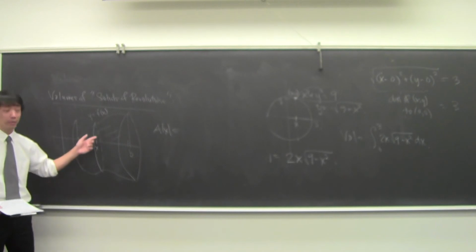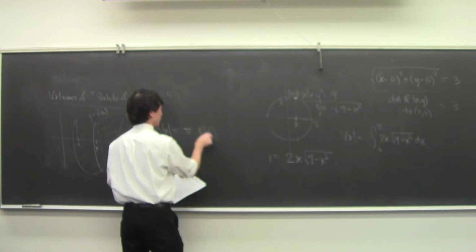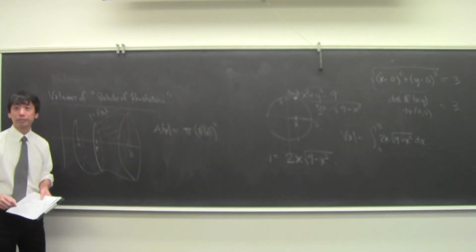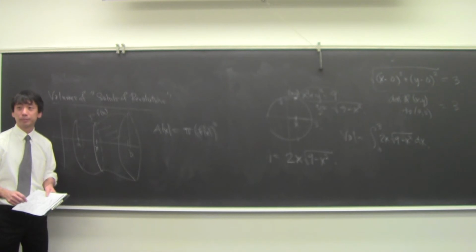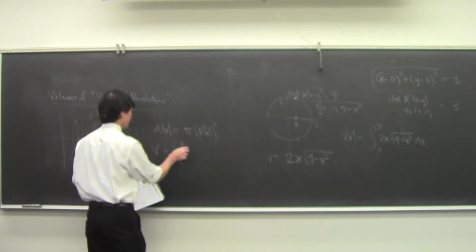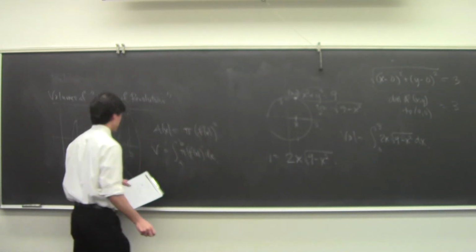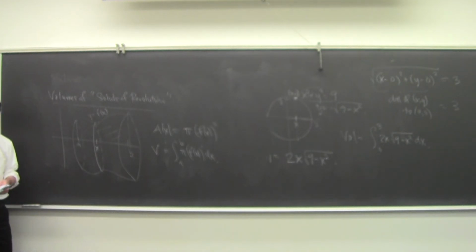So you get pi r squared, and the volume is just going to be the integral of that, pi r squared dx.